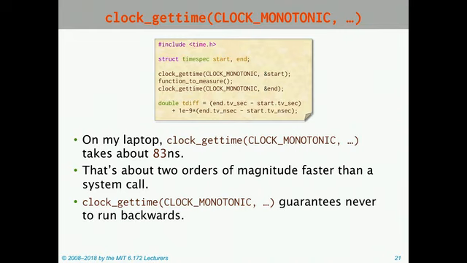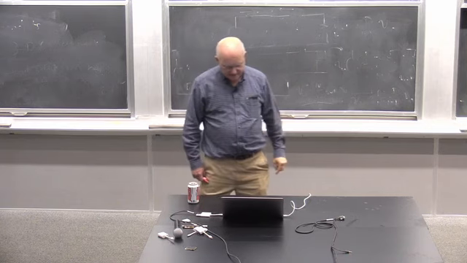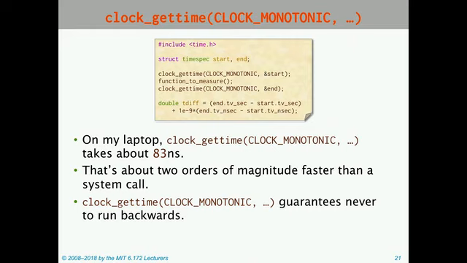Now, the timing call that I recommend you use, and that was used in the example that I gave, is clock get time. In particular, there are a bunch of options to that, and the one that I strongly recommend is clock monotonic. Okay, and it takes about 83 nanoseconds to actually read what the time is.